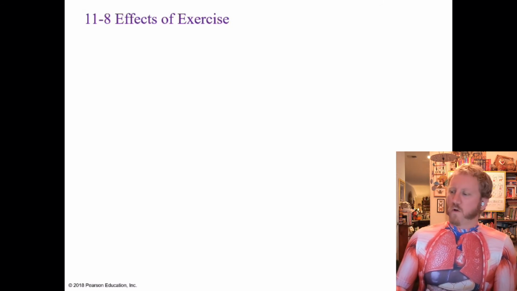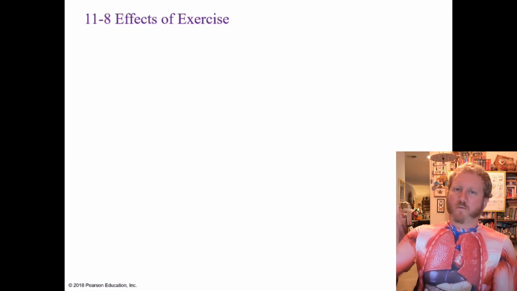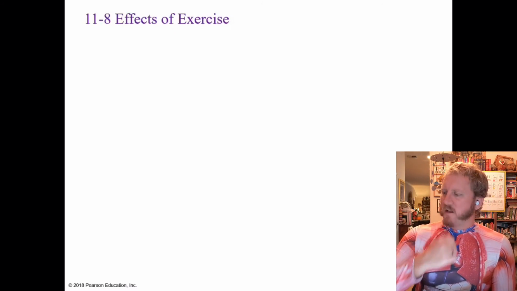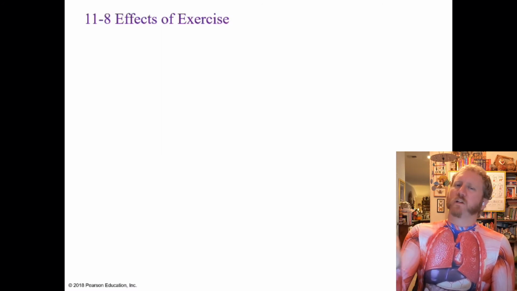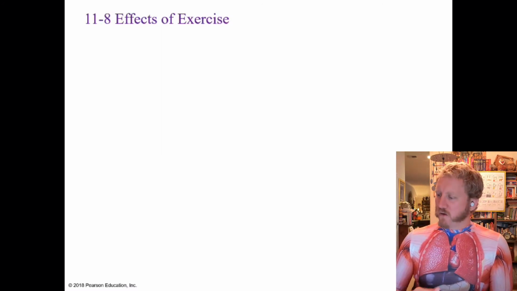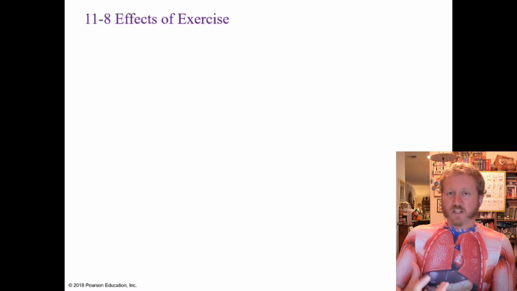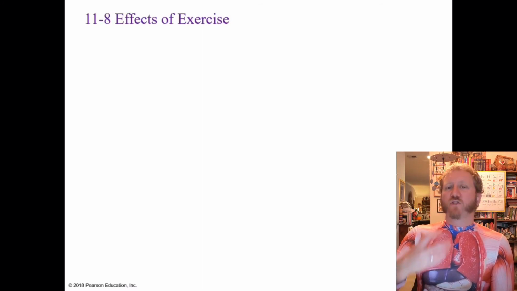Okay, so effects of exercise, specifically what that does with the muscular system and how it interacts with other systems. We know that exercise builds muscles. We looked at that a couple of videos ago. You're not only strengthening your muscles, you're strengthening other systems.